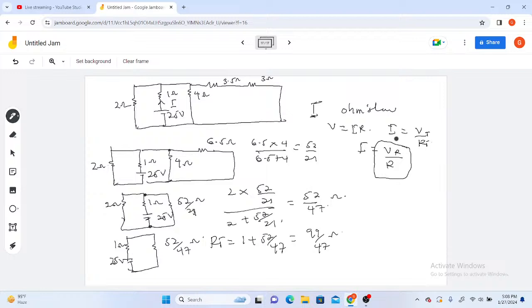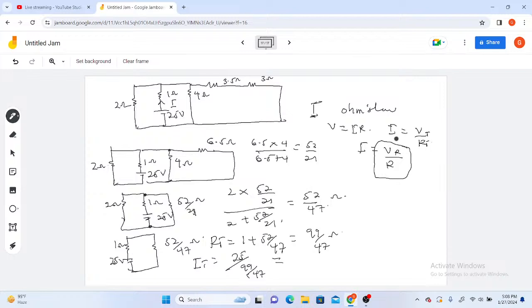Now we need the total current I here as we started. So IT is simply equal to the total voltage 25 divided by 99 over 47, which is the resistance. So what are we getting? 25 over 99 on 47.